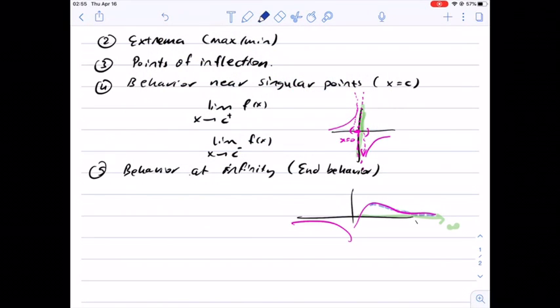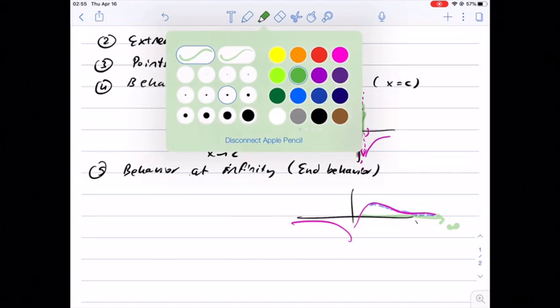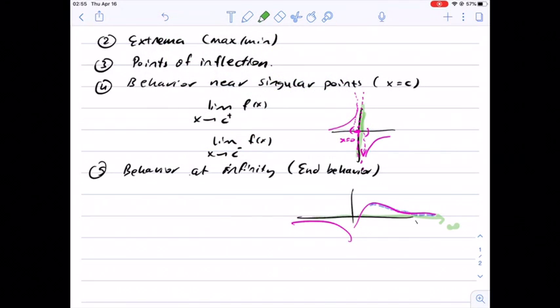The height of the function approaches 0. And as x approaches negative infinity, the graph of the function approaches 0. The height of the function approaches 0.